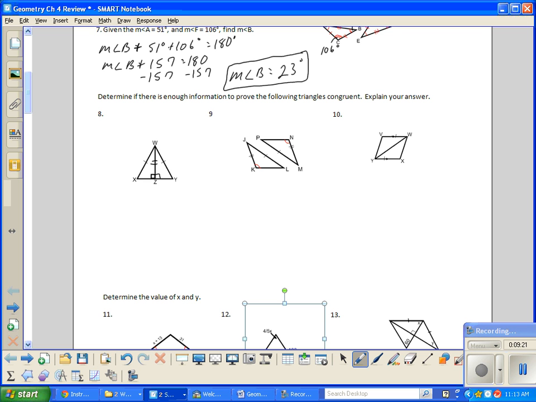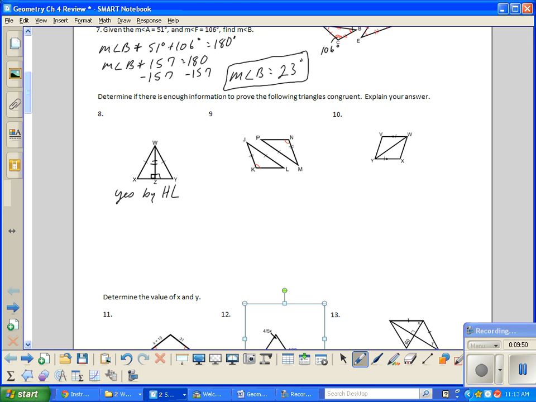And so since it's congruent to itself, and this is a right triangle, if we look at the sides we've got, WZ would represent a leg for each triangle, and WX and WY would both be a hypotenuse for each right triangle. So from there, we can say yes by hypotenuse leg, or HL.